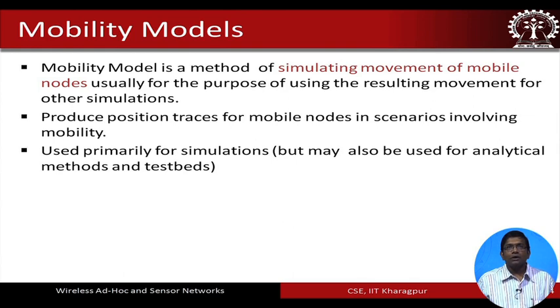Capturing these traces can help in understanding the performance of the different protocols designed for these networks. The mobility models are used primarily for simulations. However, they can also be used for other methods like test bed based or analytical methods.